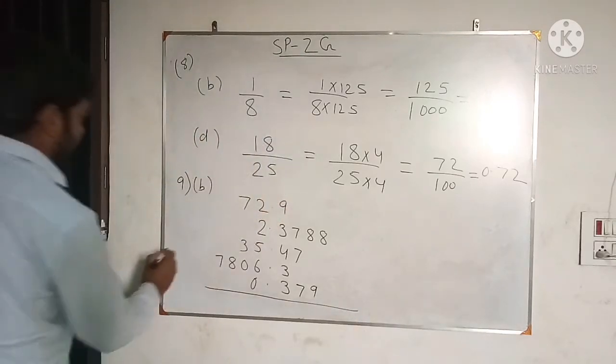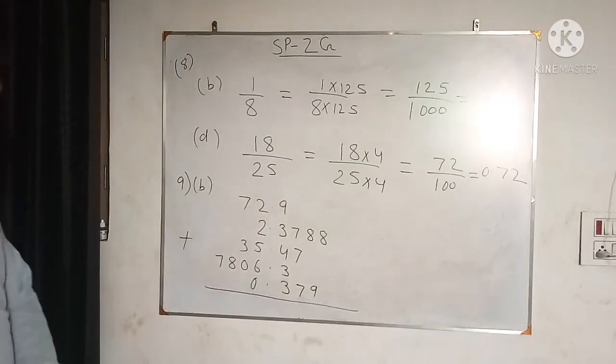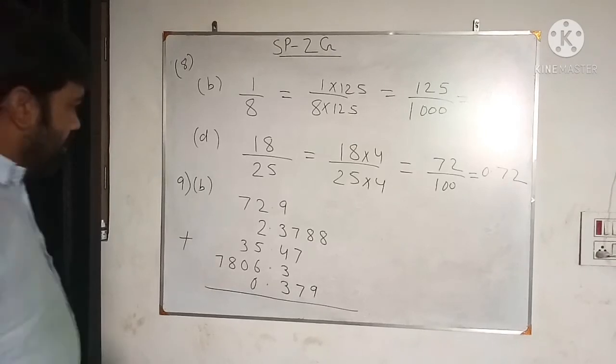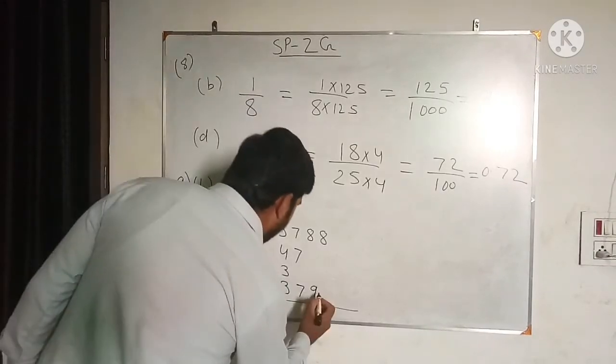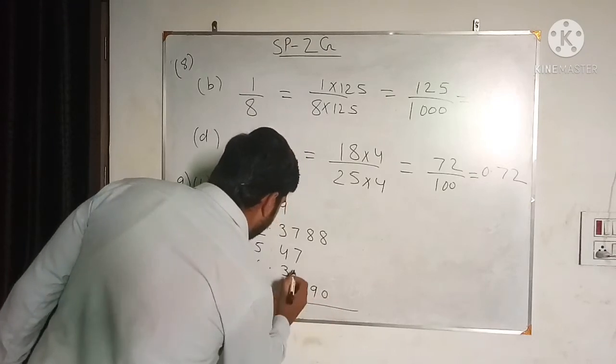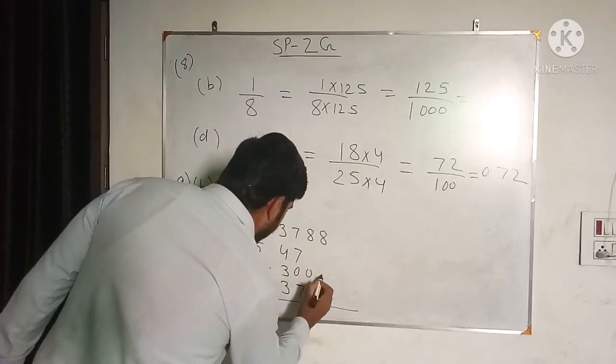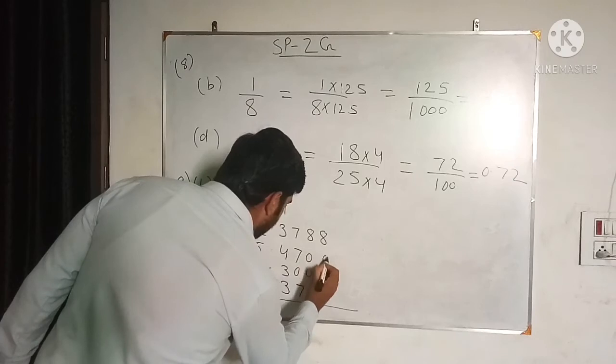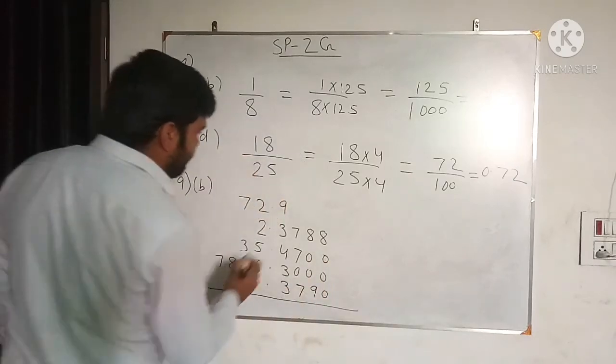Now add it, then you will get the answer. Remaining decimal places we fill with 0.